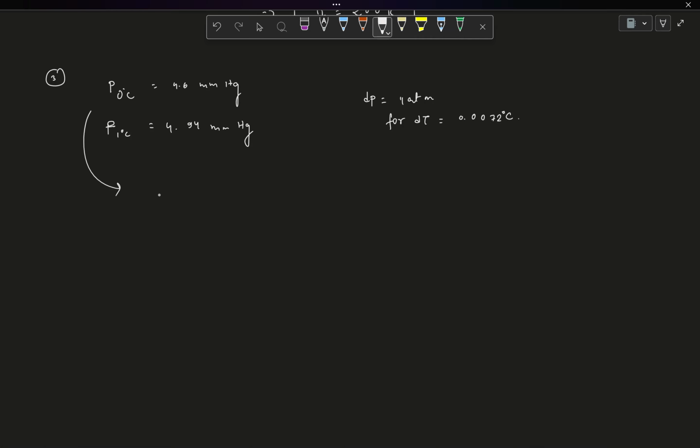Now, for 1 degree temperature change, if you see the saturated vapor pressure values, the pressure change is how much? So this delta P is 4.94 minus 4.6, which is 0.34 mmHg, the change in pressure for the saturated vapor pressure for 1 degree temperature change.